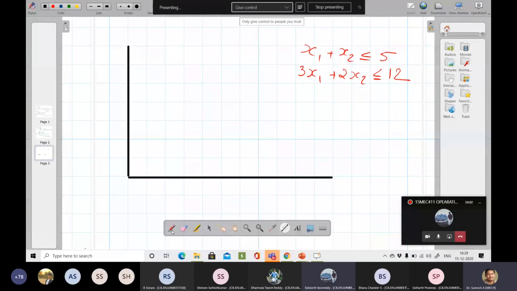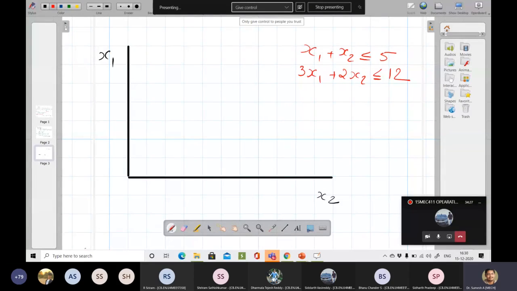Right. So now we take the first equation, x1 plus x2 less than or equal to 5. This is x1 and this is x2. First substitute the value of x1 as 0.